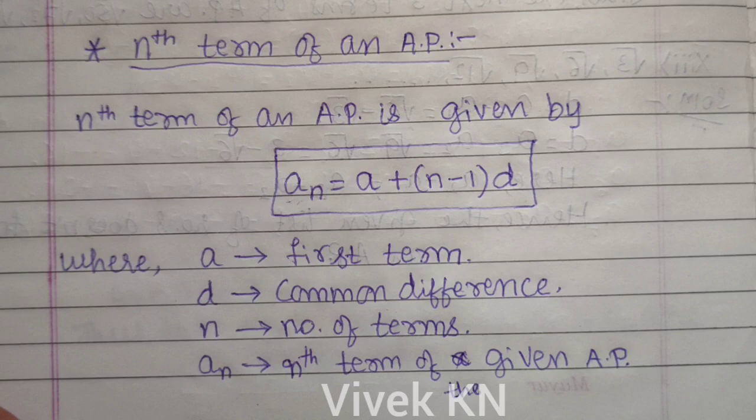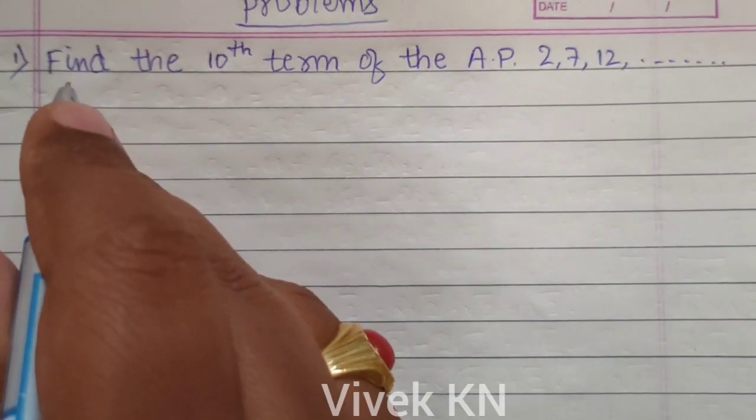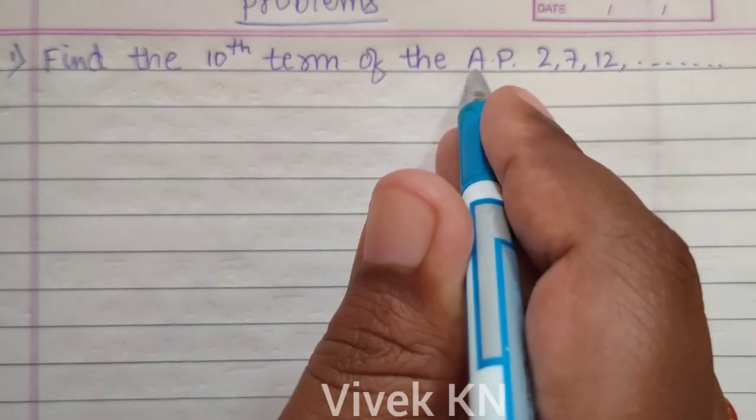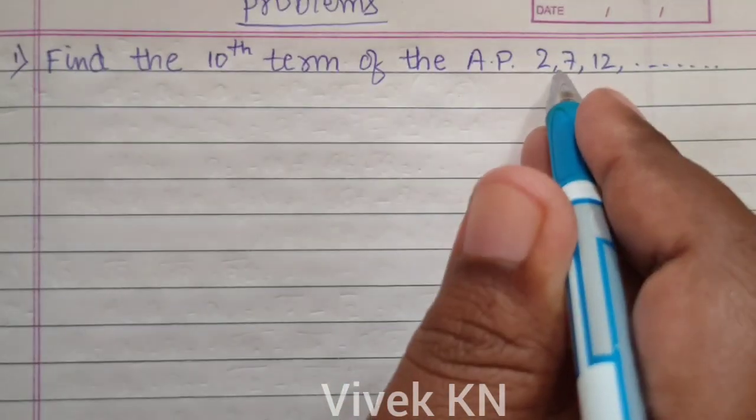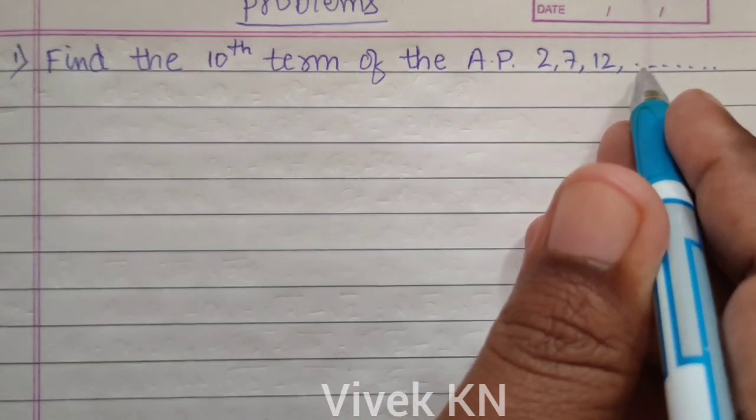So let us solve some problems based on this formula. First problem, find the 10th term of the arithmetic progression 2, 7, 12, and so on.